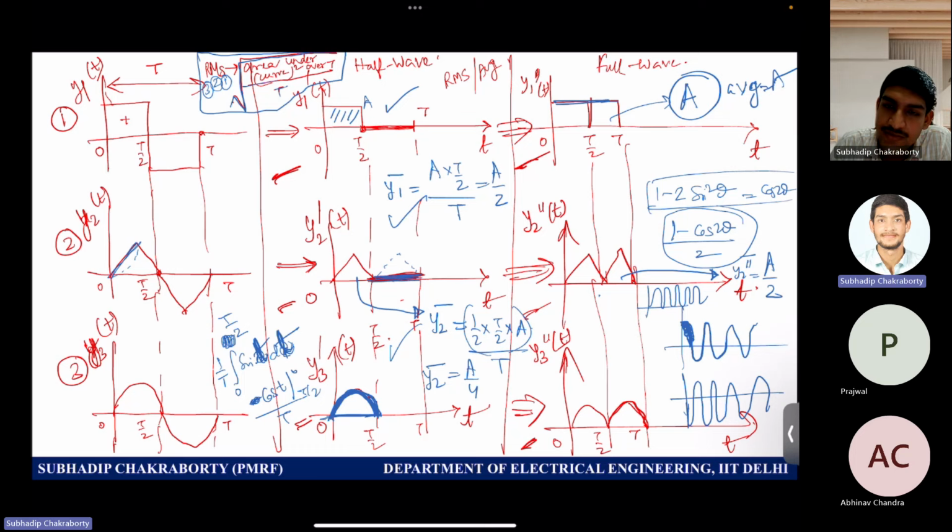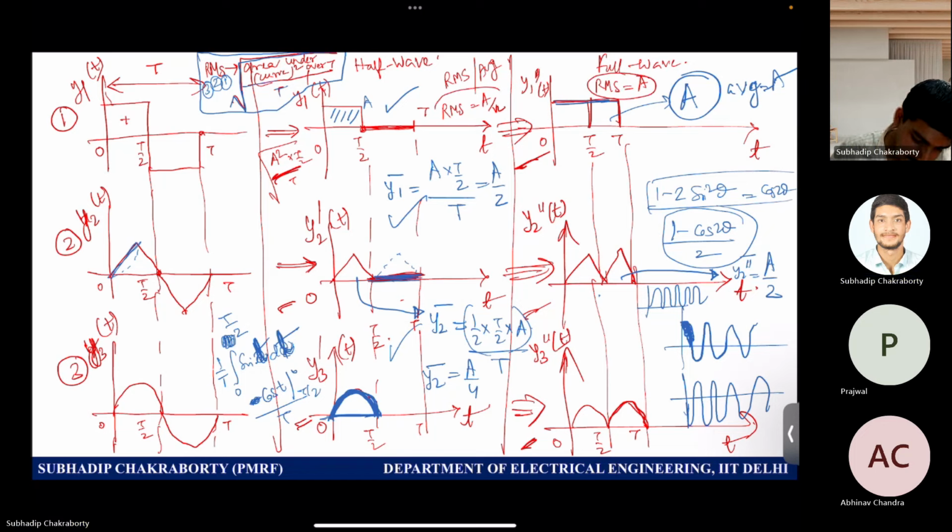What is the area under the square of the curve? A square, because I squared the signal, times T by 2, mean over T, whole root over. What is it? A by root 2. So RMS is A by root 2. However, for the full wave, RMS is A. First part done. Then next part.